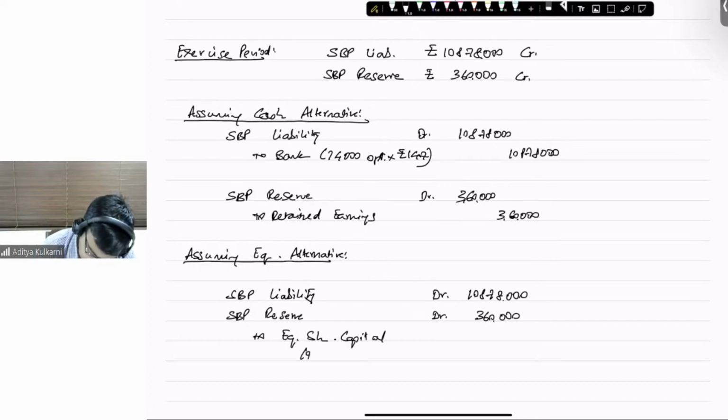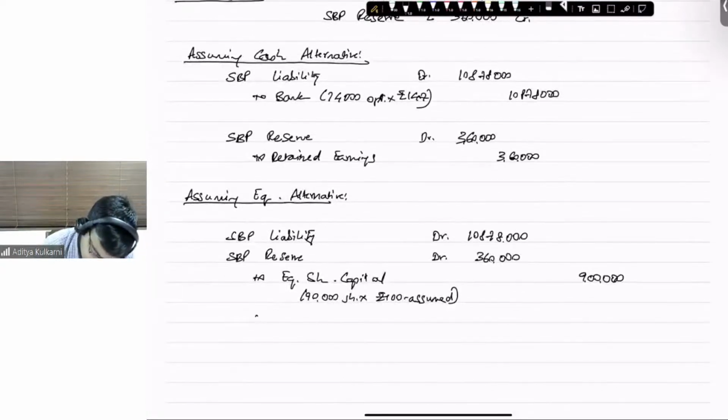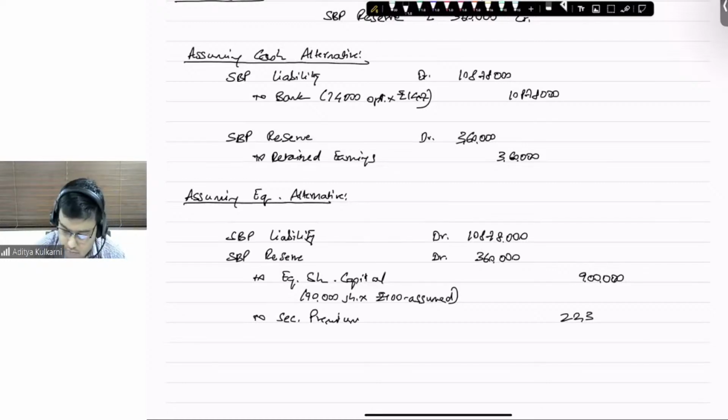How many shares? 90,000 shares into rupees 100, just assuming. So 90 lakhs. To securities premium, balancing figure.